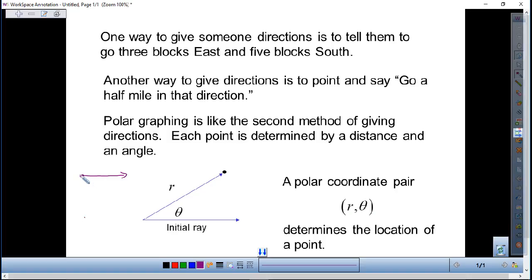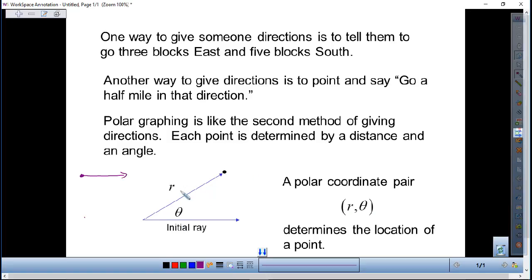We're going to have the origin, and we're going to have one ray that goes off in what we would usually call the positive x direction, but there is no x and y in the polar system. So from this initial ray, we're going to measure our angle and our distance that we are going to call radius, because this is kind of based on a circle, and that's how we're going to define this point.